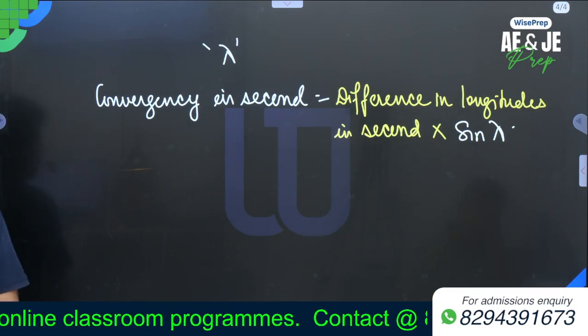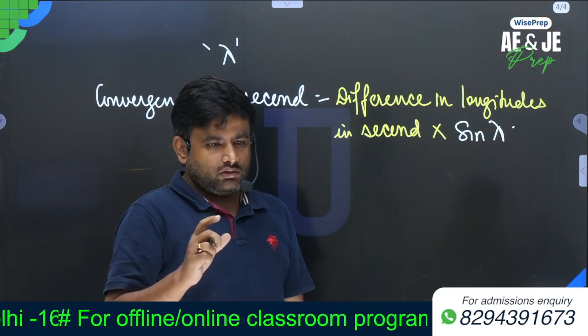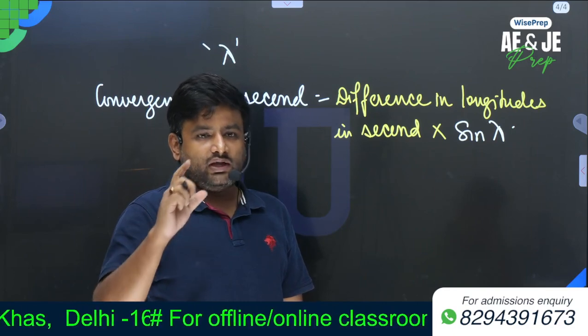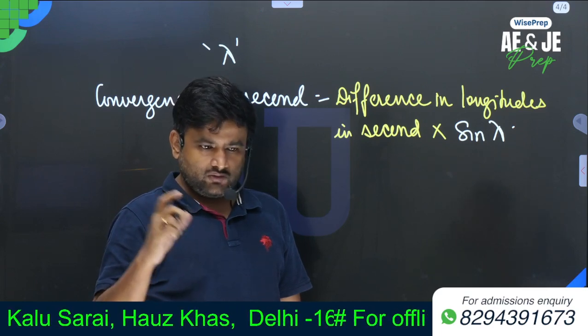Now, when we have to determine the true meridian, it can be determined with the help of celestial bodies like the sun or a star, based on physics principles.